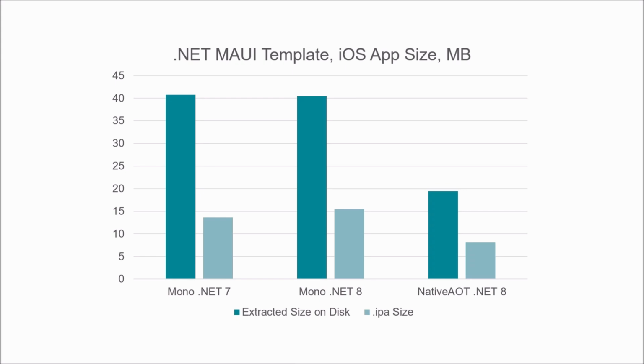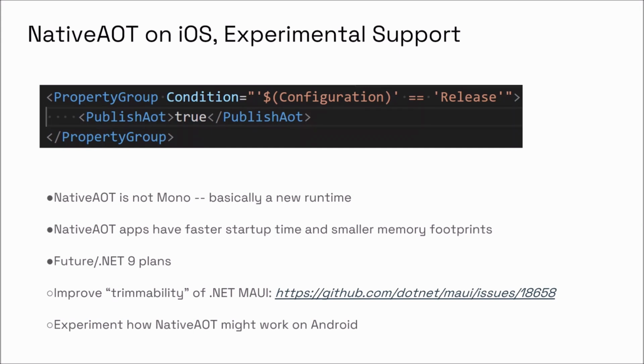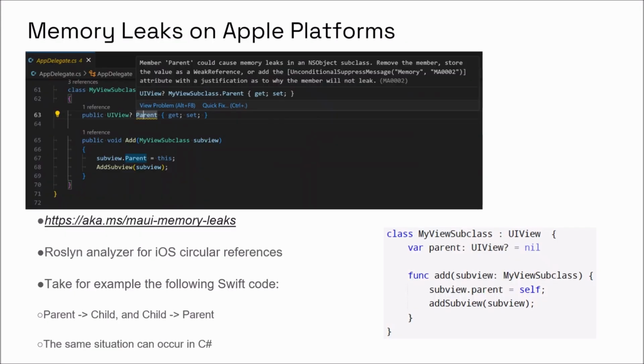If your focus is on speed, you'll find improvements on your runtime with the native AOT, or the so-called ahead of time compilation. And also you can investigate, we had some memory leaks on the Apple part, and now you can identify them directly in C#.